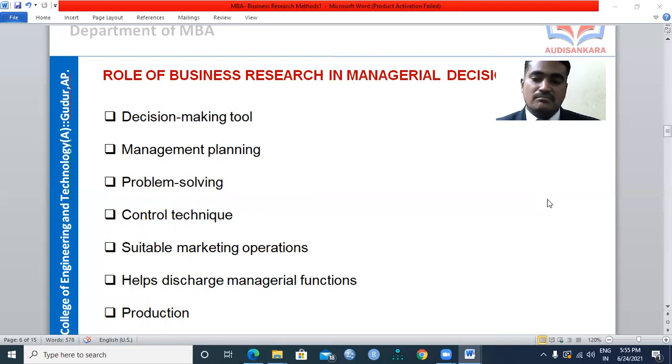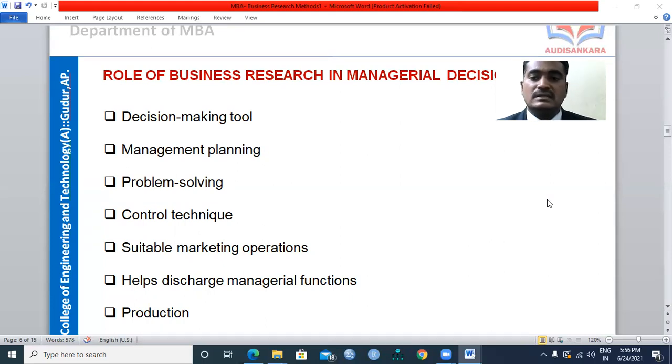Managers should have a best plan of action in advance, and they should be able to estimate what would be the expected level of changes in future with respect to marketing, production, finance, systems, and any area. The managers should have a clear-cut idea in advance related to planning.